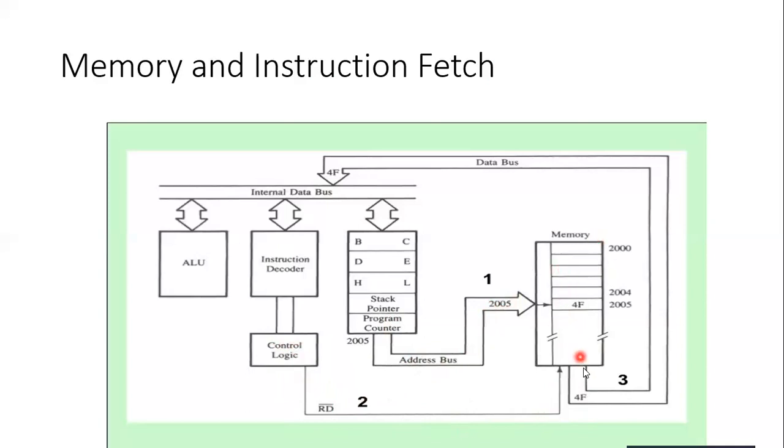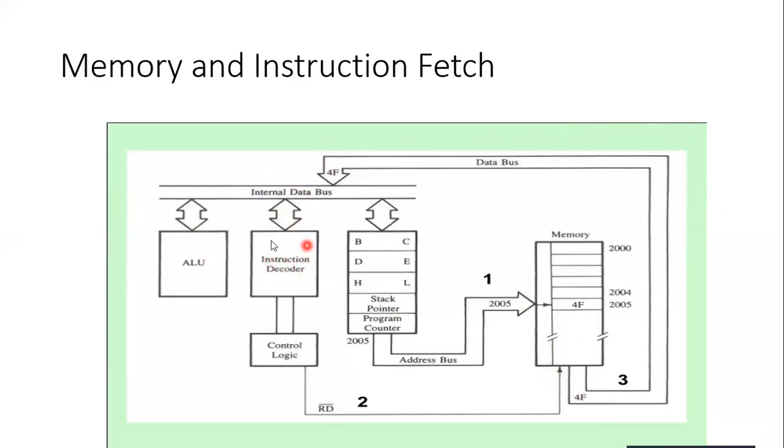And then the third step, the instruction 4F stored in the memory location 2005 is placed on the data bus and transferred to the instruction decoder. Then the decoder decodes and executes according to the binary pattern of the instruction.